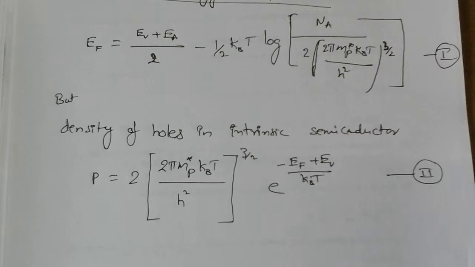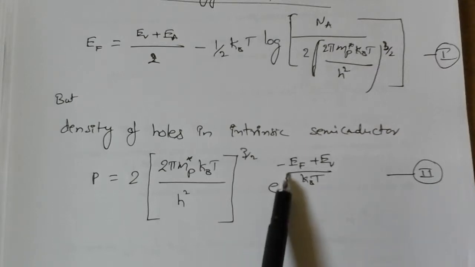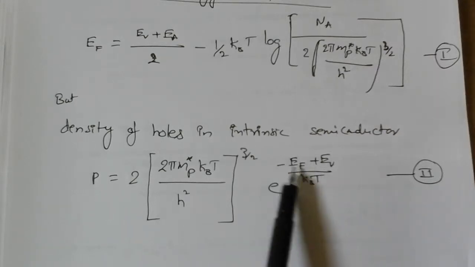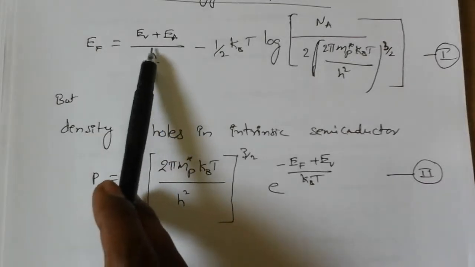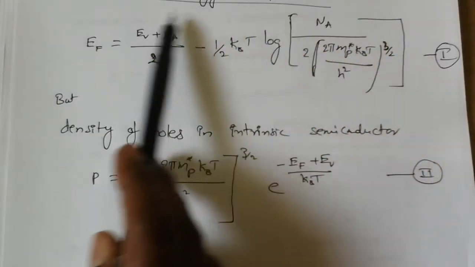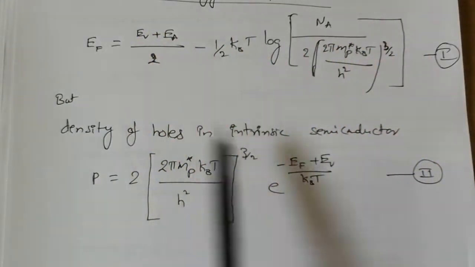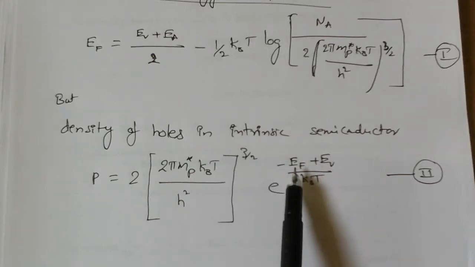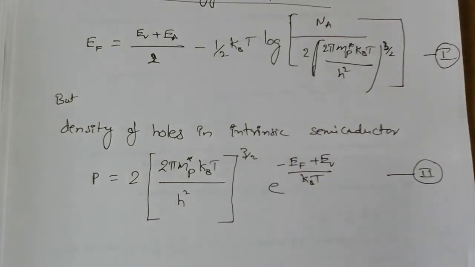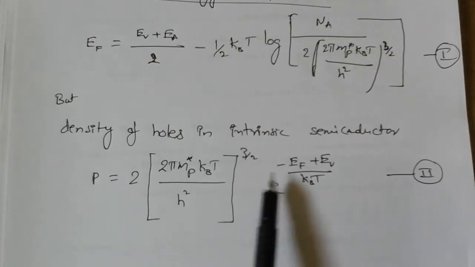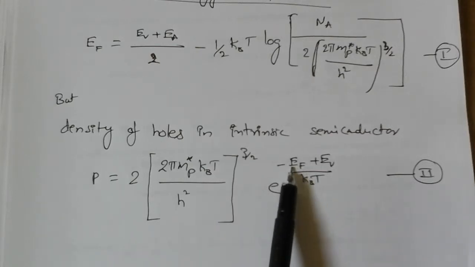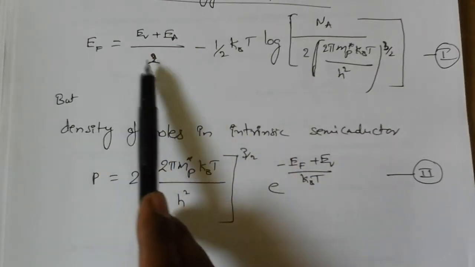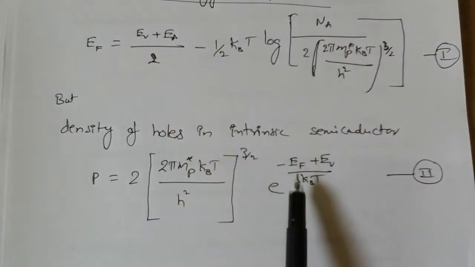So in the place of EF, in this minus EF place, we have to substitute this EF value. The entire value of EF should be written here. If you write it, you will get simplification.